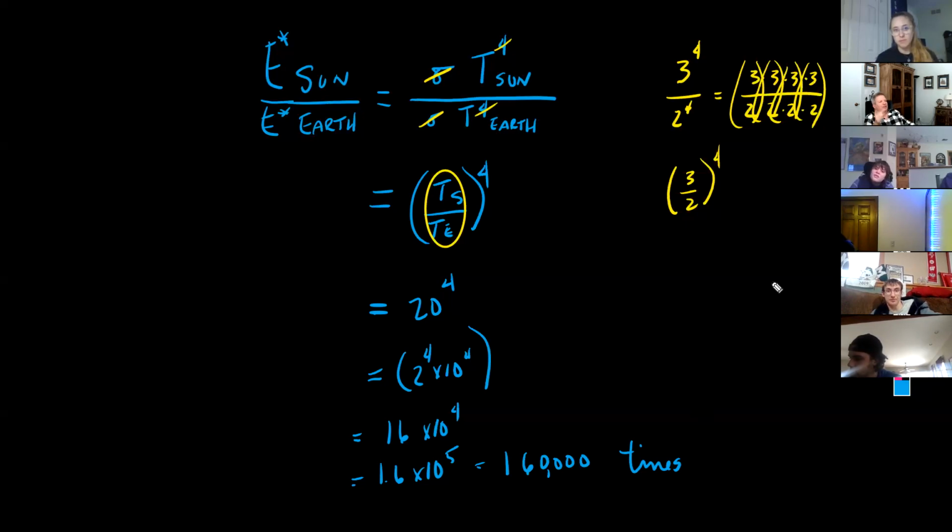Is it giving off 160,000 times more energy? Shannon, what do you think to that question? No. What am I missing in this? What's wrong with that? Wouldn't it be like 160,000 times the amount of radiation? You're missing one thing right after that.